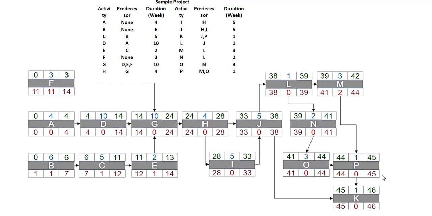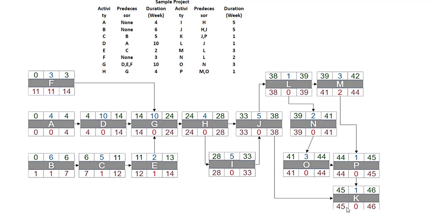If we delay this activity, our complete project will be delayed. Hence our late finish will be 46th week itself, and hence we have zero float.